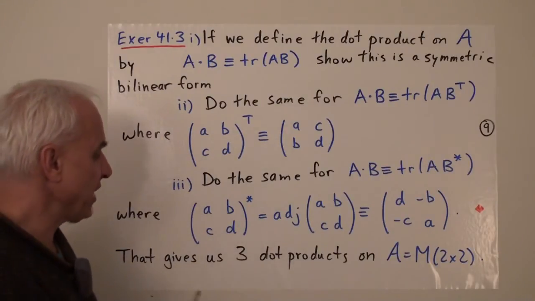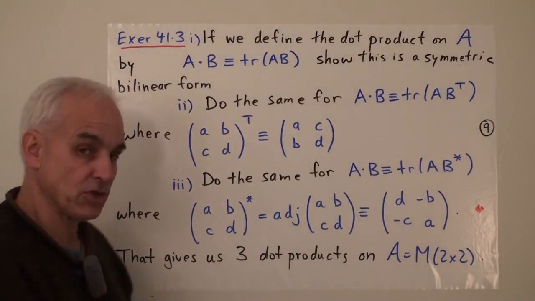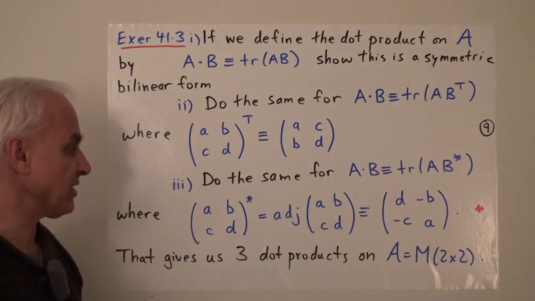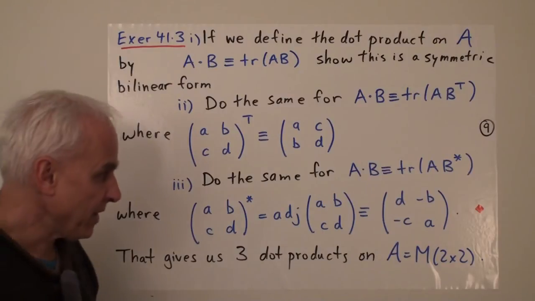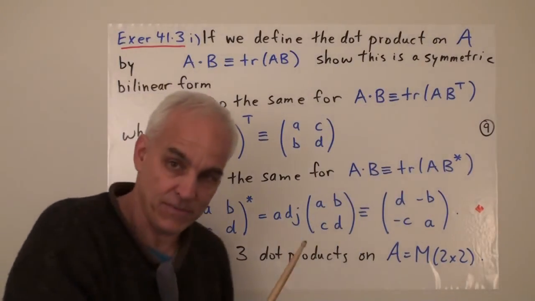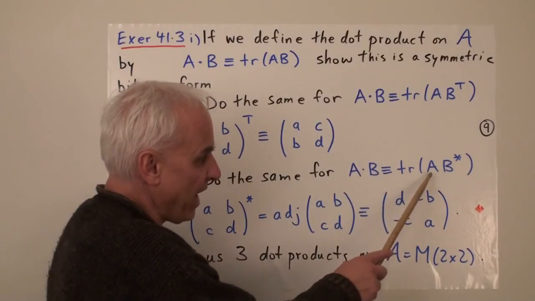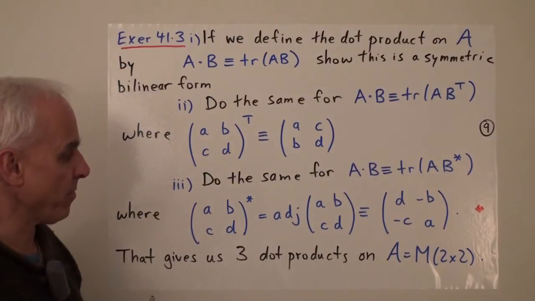And it has different notation. This is not always standard notation, but it's going to be useful for us. So we're going to use this star to mean the adjugate or the classical adjoint. So you have to show that if you define a third dot product by A dot B is trace of A B star, then you also get a symmetric bilinear form.